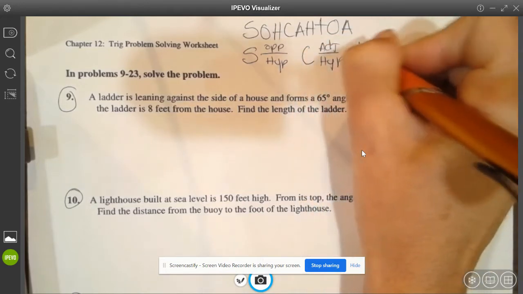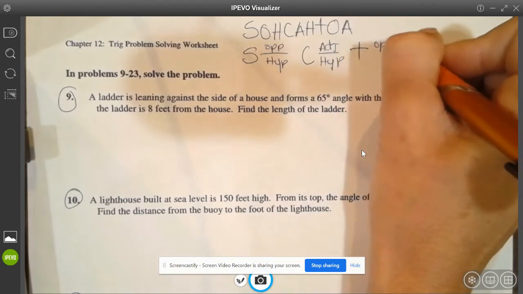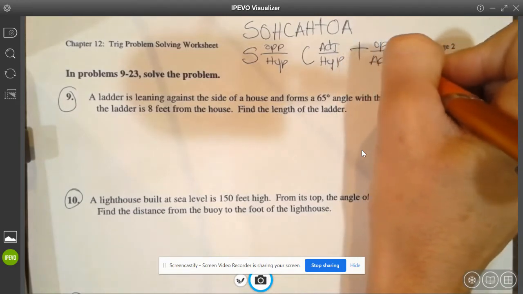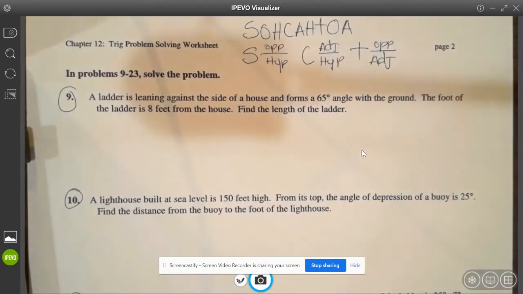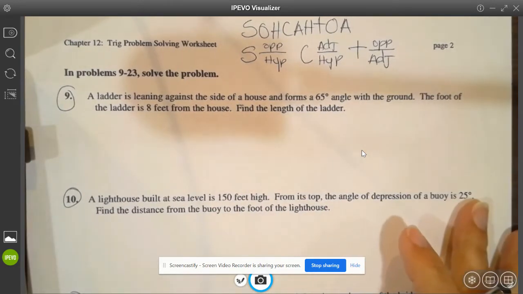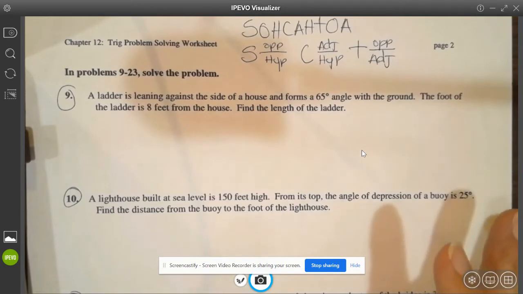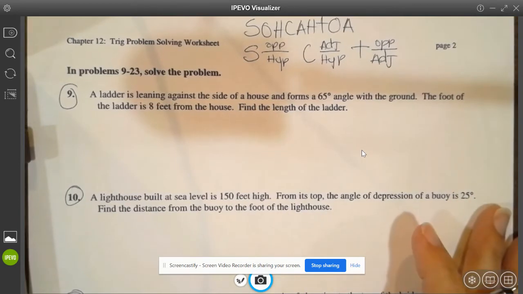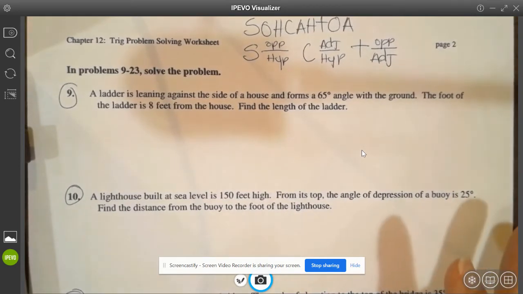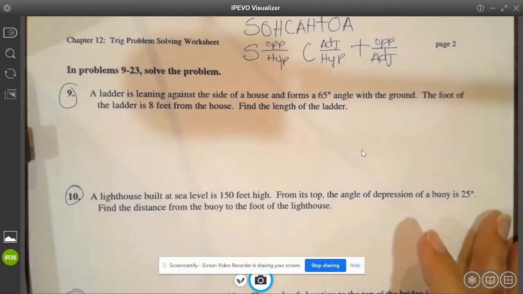And then tangent, which is opposite over adjacent. So we remember our ratios here. And then remember that for our angles, we're going to be using the inverse functions of sine, cosine, and tangent in your calculator. So that's basically mostly for your calculator.